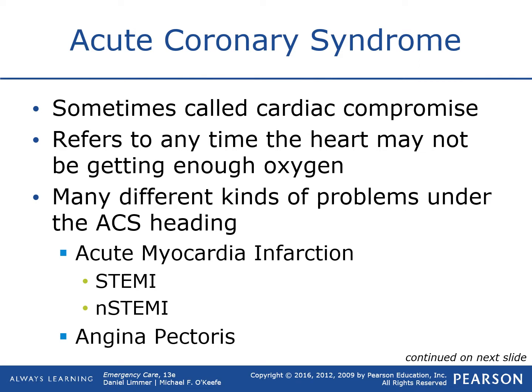Myocardial is the tissue in the heart, so that's the heart muscle itself. Infarction means death. So it is acute, so happening now, death of the heart tissue. The heart tissue dies because of the lack of oxygen. If we don't have oxygen perfusing the heart, the tissue will start to die relatively quickly.